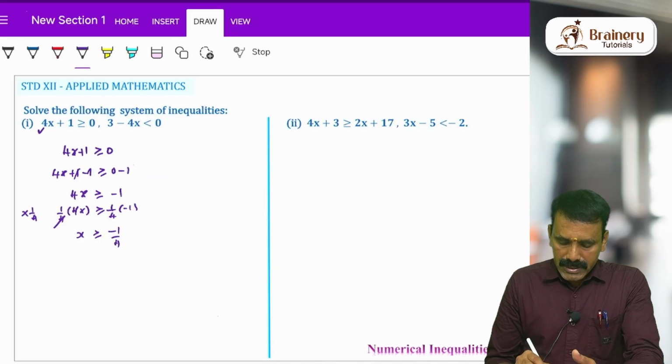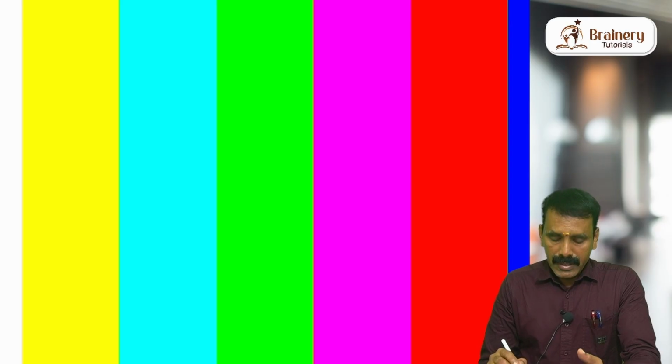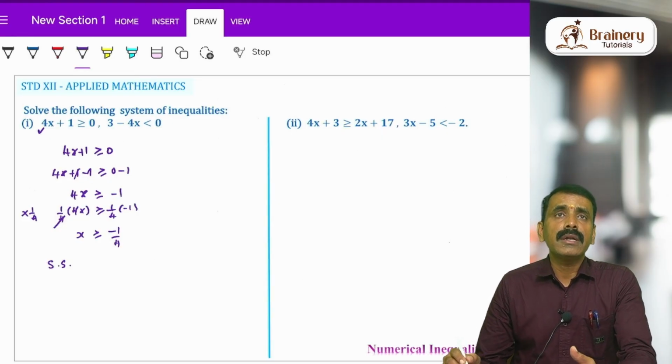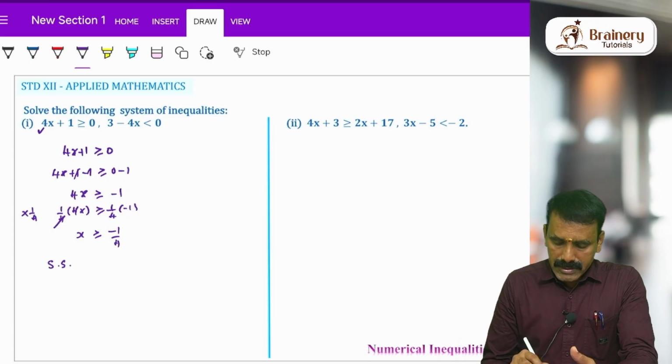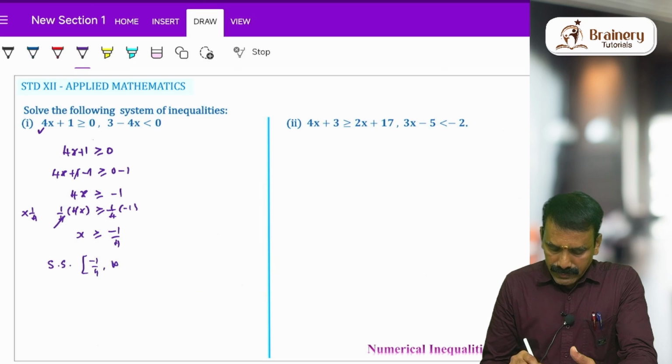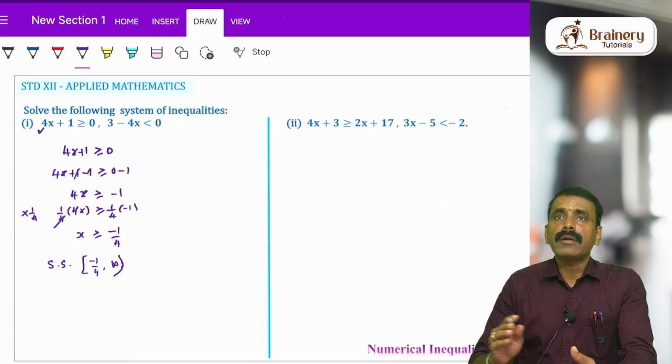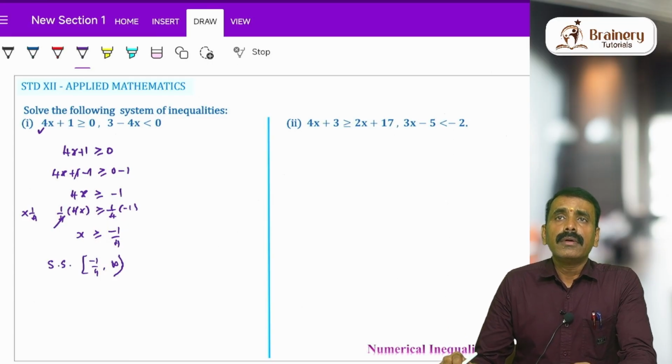Okay. The solution set for this particular problem is going to be any real number which is greater than or equal to minus 1 by 4. Which is nothing but minus 1 by 4 to infinity. The right side part of the interval, after minus 1 by 4.